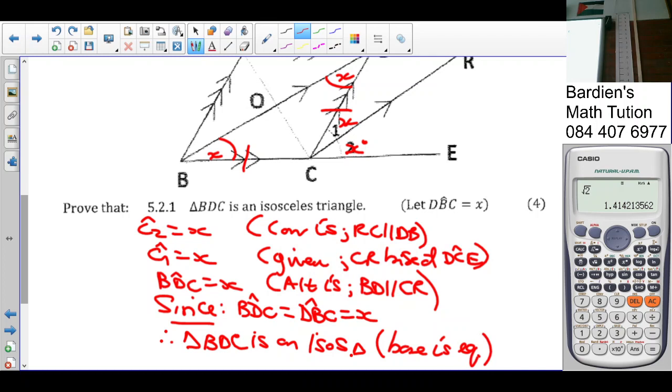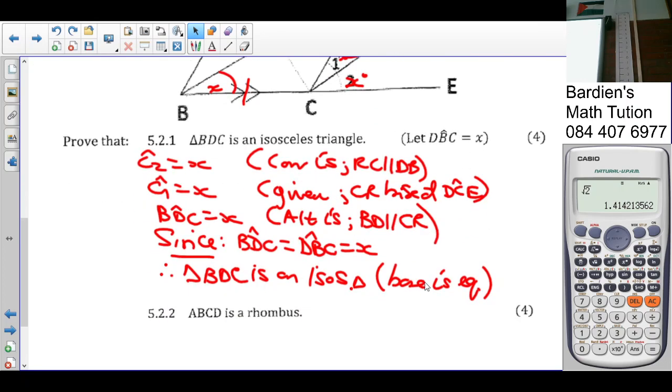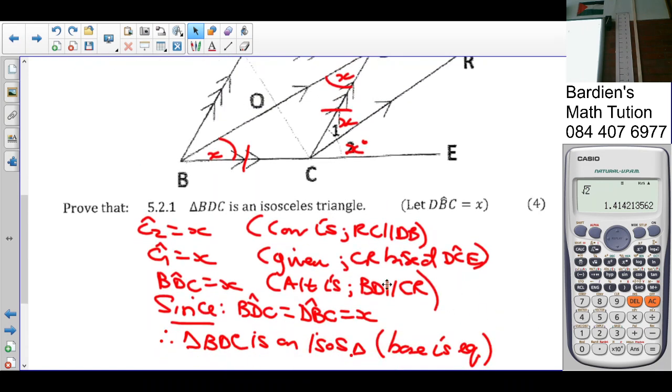So now we can use the fact that it's an isosceles triangle in the next calculation. However, if you didn't prove that this was an isosceles triangle, you can use it in your next question, because the one question normally leads into the other.